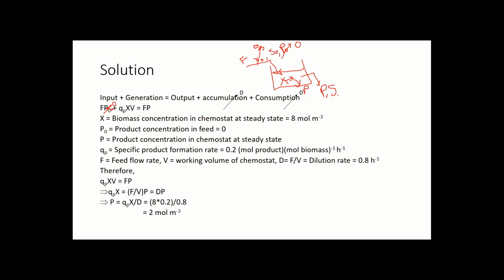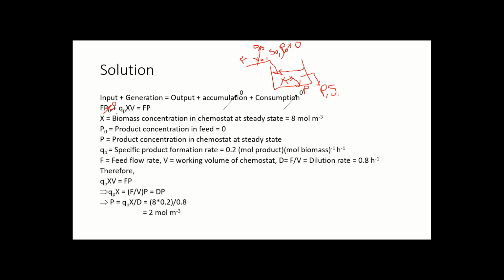X is the biomass concentration in the chemostat at steady state, given as 8 mole per meter cube. P is the product concentration in the chemostat at steady state. Qp is the specific product formation rate, 0.2 mole product per mole biomass per hour. F is the feed flow rate, V is the working volume of the chemostat, and D, the dilution rate, equals F by V.